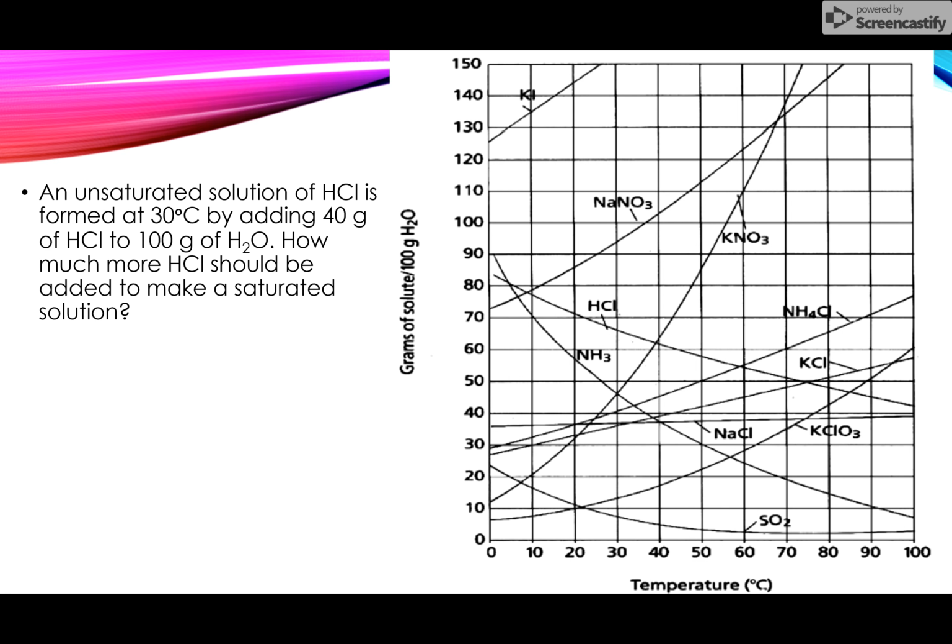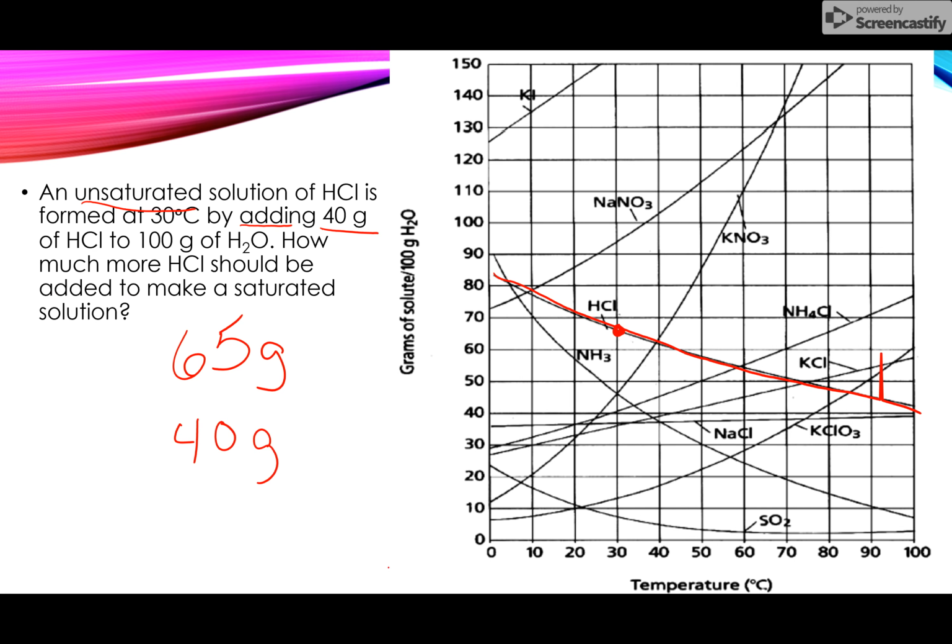This question says an unsaturated solution, remember unsaturated means that not enough dissolved, is formed at 30 degrees Celsius. So let's look at the HCl line and let's look at 30 degrees Celsius, right about here. That's like 65 grams. Okay, but it says that you added 40 grams of HCl.